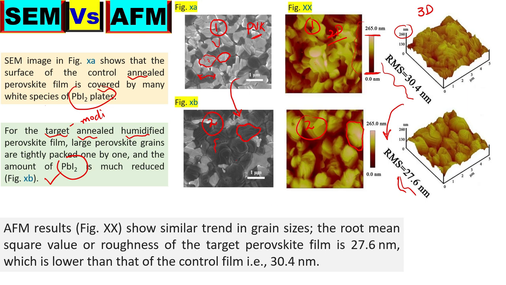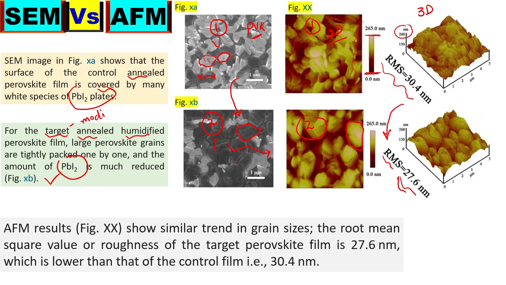So if we have a lower root mean square value, this means less roughness, or a smoother surface. If we have a higher value, this means a rougher surface or less smooth surface. So this is how the modified film is now smoother and more compact as compared to the pure one, the control one here.